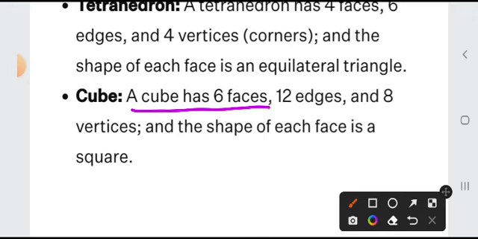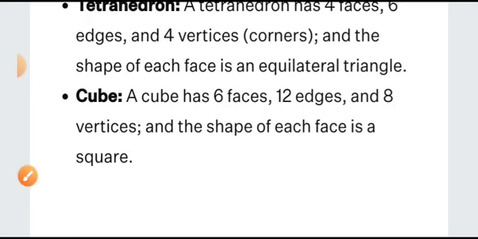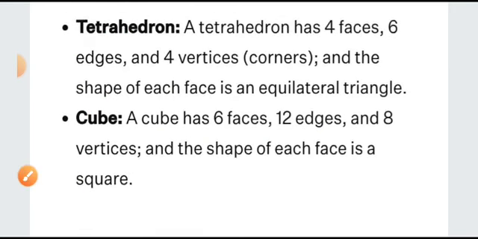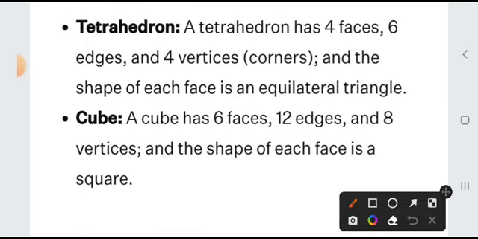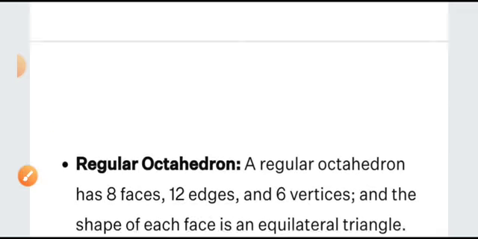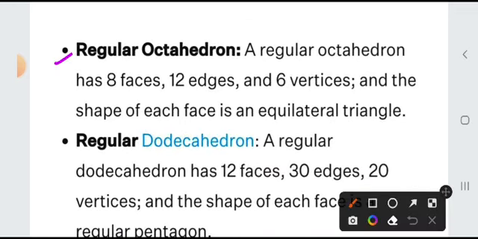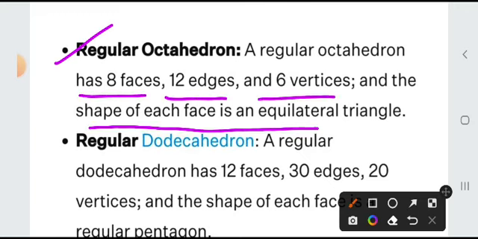A cube has 6 faces, 12 edges, and 8 vertices, and the shape of each face is a square. So the second type of regular polyhedron is the cube. Next, the regular octahedron. A regular octahedron has 8 faces, 12 edges, and 6 vertices, and the shape of each face is an equilateral triangle.